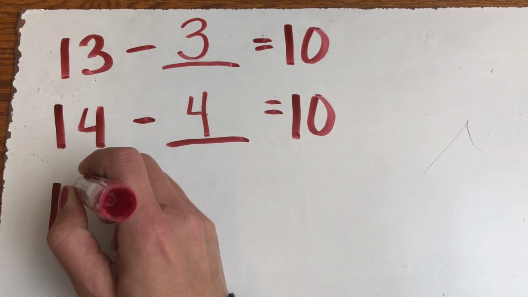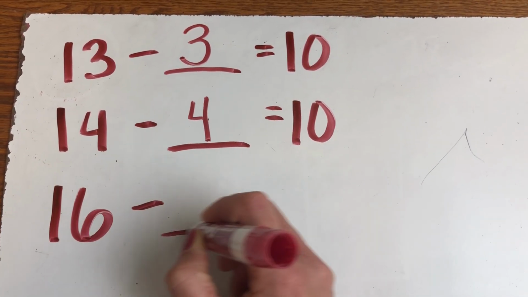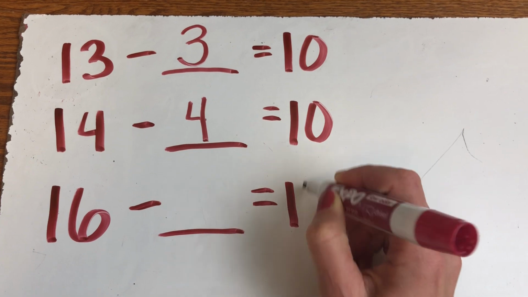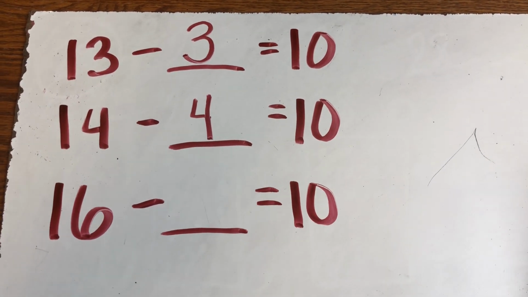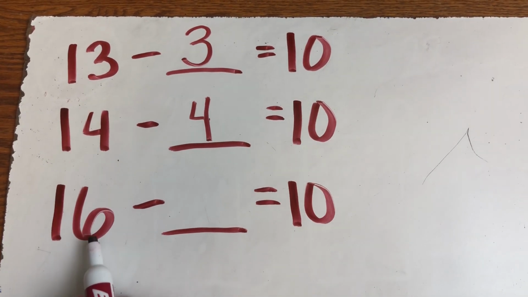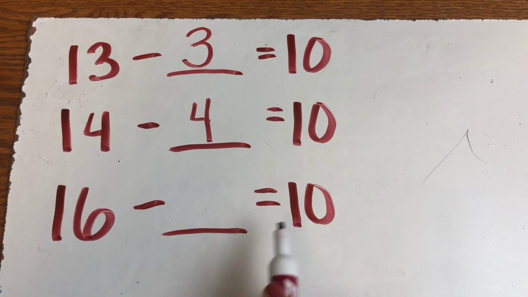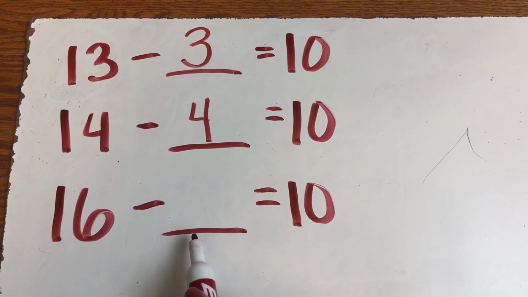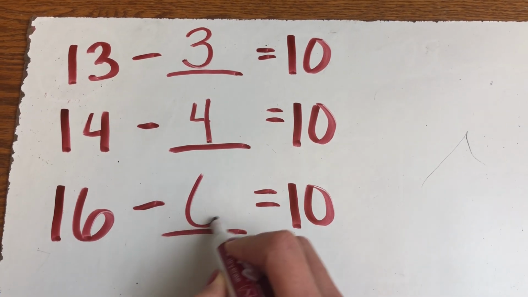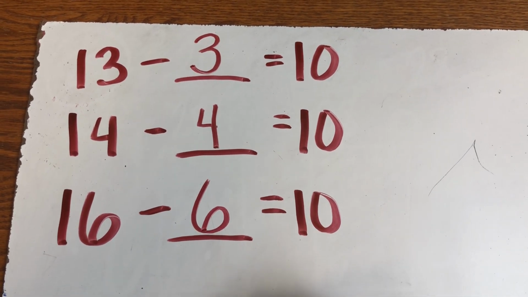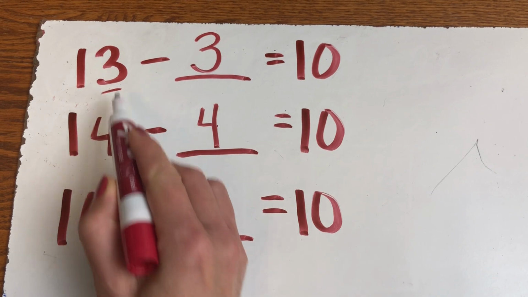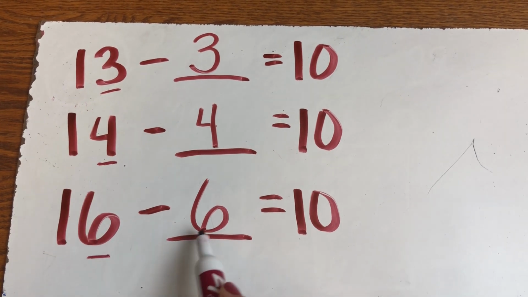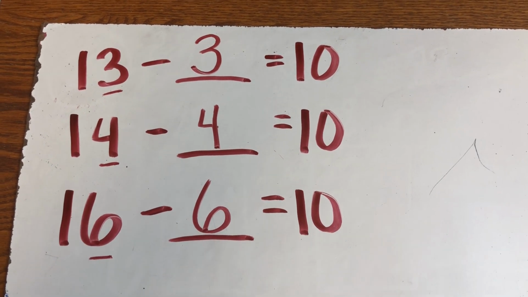Let's try the number 16 minus blank equals 10. How do I get from 16 down to 10? I subtract. If you said 6, you're right. Do you notice a pattern? The digit that is in the ones place, when subtracted, gets me down to 10, doesn't it?